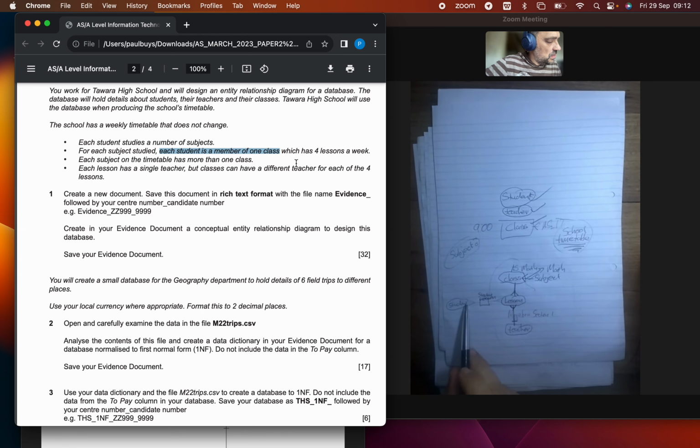So one teacher can teach many classes. Okay, so we'll need the teacher ID, which is a foreign key.